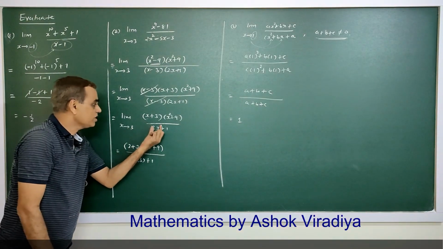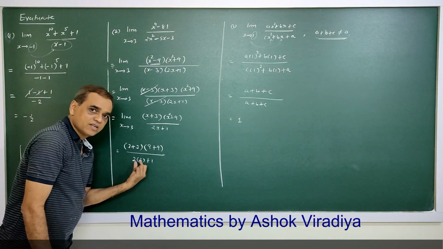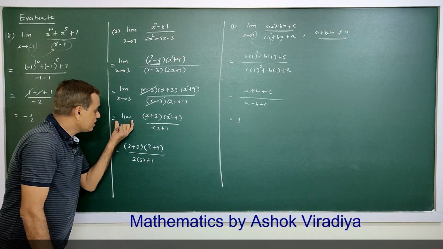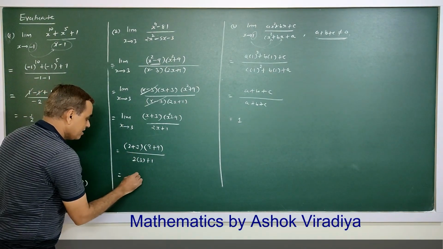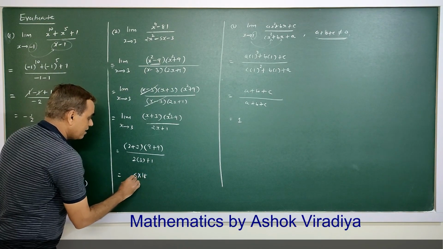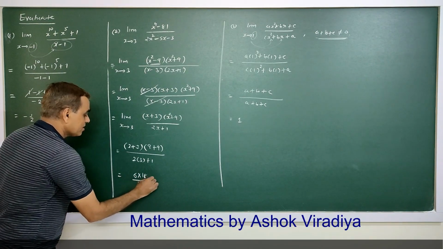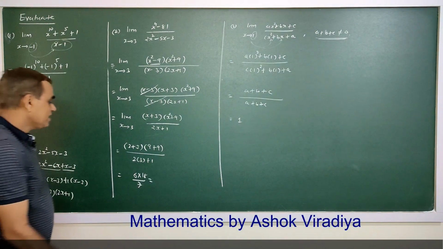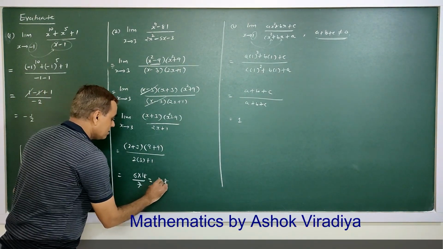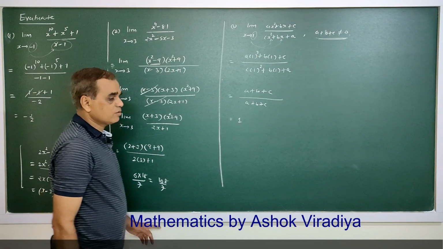When x equal to 3 is substituted, don't put the limit. So this is 3 plus 3, 6 into 18 upon 7. So 108 upon 7. This is the required limit.